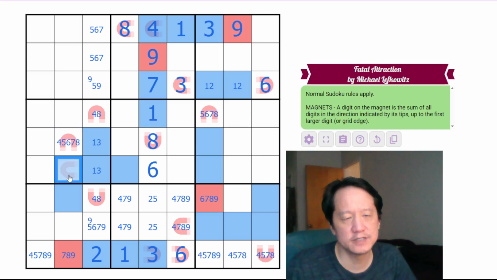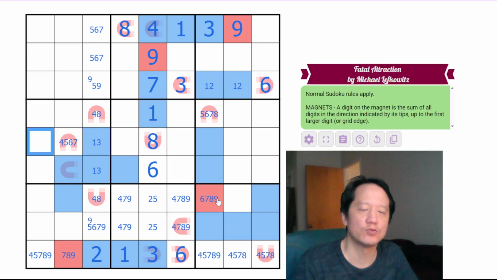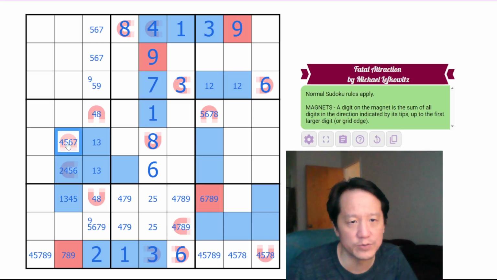This is less than 8. This cannot be 8 because of 8 in the row. So this is less than 7. It's 2, 4, 5, 6. This is less than 7. 1, 3, 4, 5, and no 6 because it has to be 2 and 5 at most, adding up to 7 there.